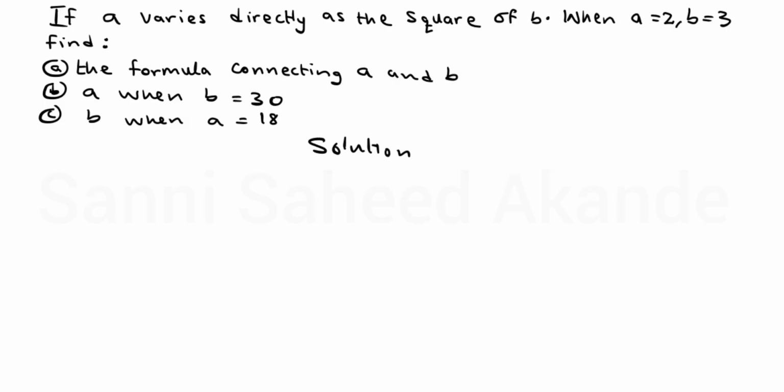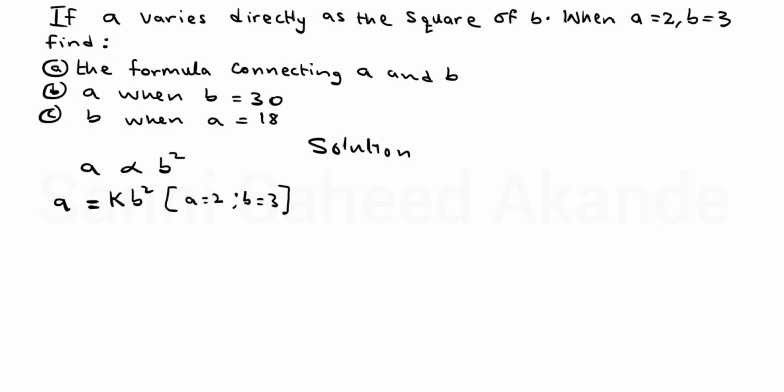Alright, so they said A varies directly as the square of B, that is B squared. So I'm going to change this to an equation by writing A equal to a constant, and I will write K to represent my constant, then B squared. And the question says that when A is equal to 2 and B is equal to 3, I will substitute these parameters in this equation so that I can get the value of my constant.